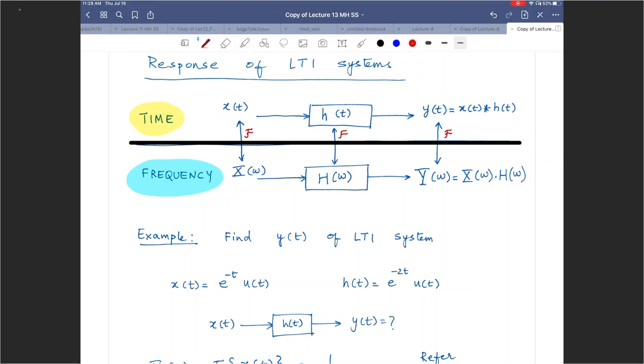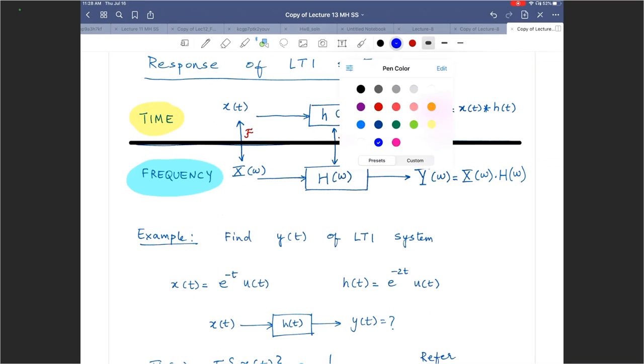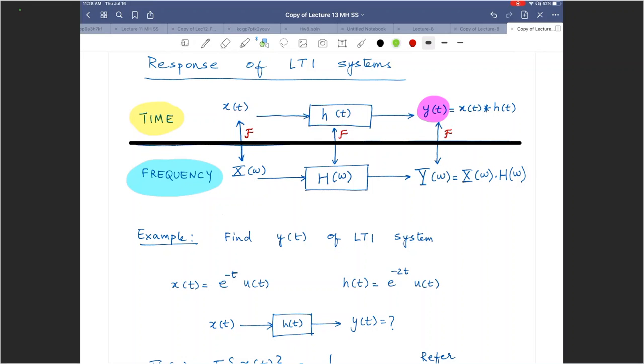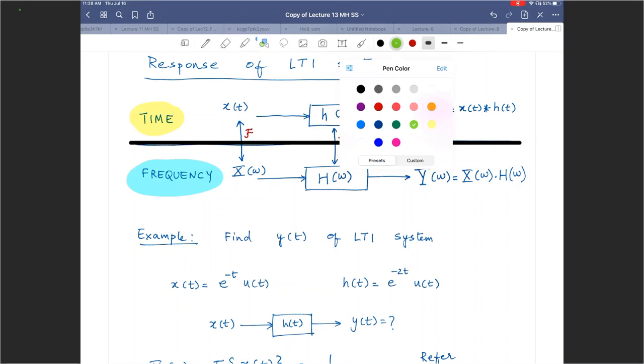Now, in order to find the output, what are your choices? In most cases, generally, you will be after y of t, right? And you can reach y of t in two different ways, generally.